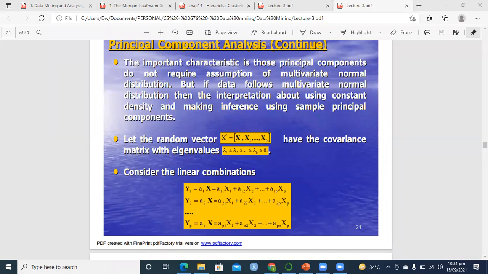Loading matrix is also another term used for these values a11, a12 and so on. So if you have p variables, x1, x2 up to xp, then there will be p cross p number of loading values for this transformation. This is called linear transformation.